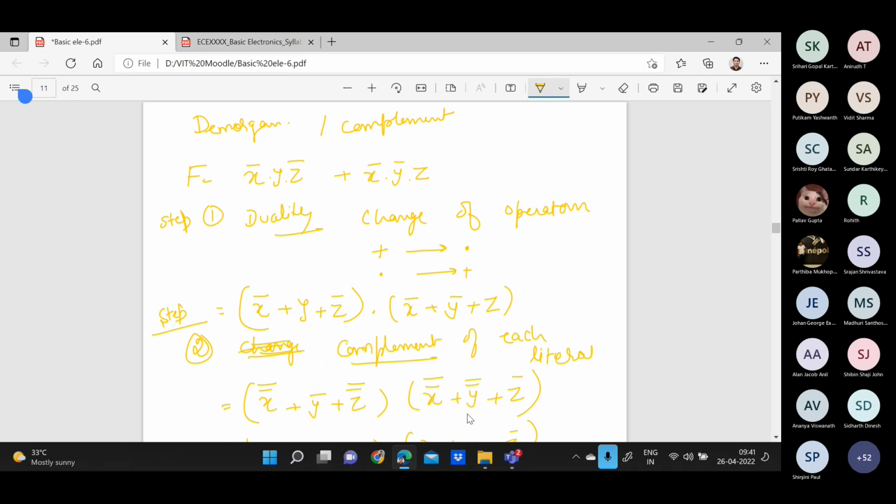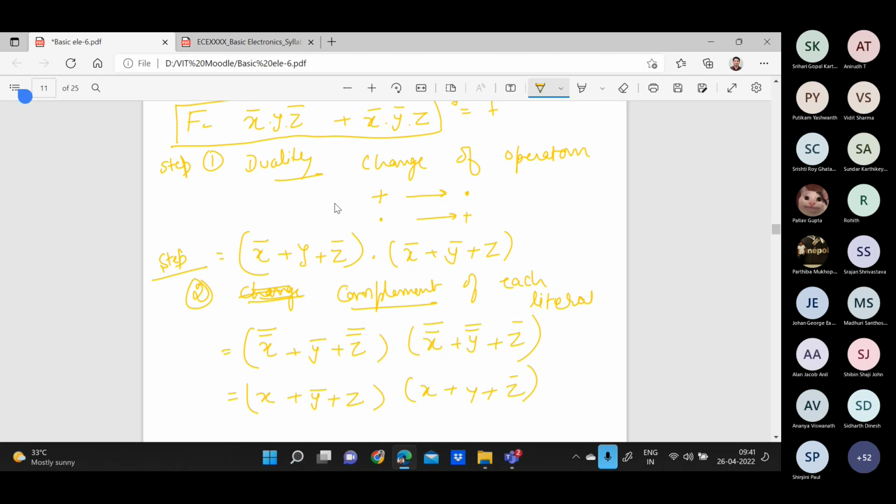So for De Morgan's or complement, if any function is given to you and they ask you to find the complement of this function, or apply De Morgan's theorem, that means they are asking to find f bar. And f bar can be found in two steps: one is duality, another is the complement of each literal.